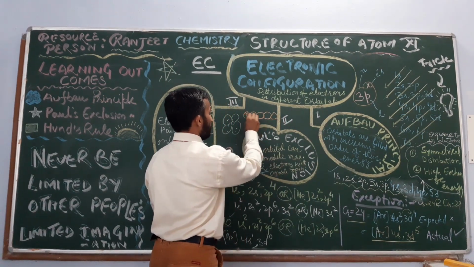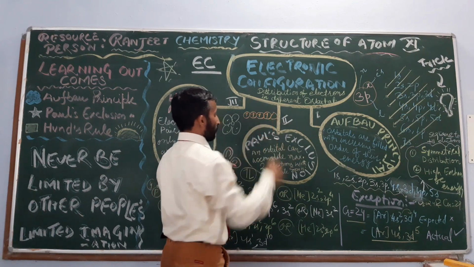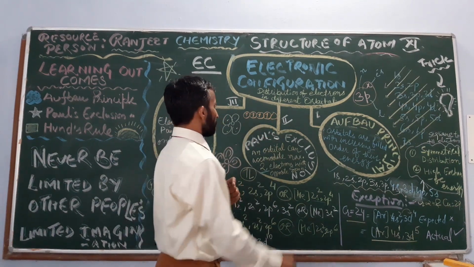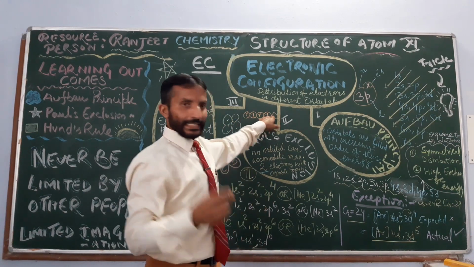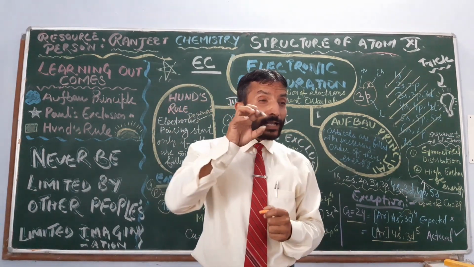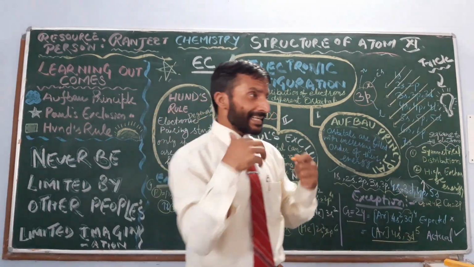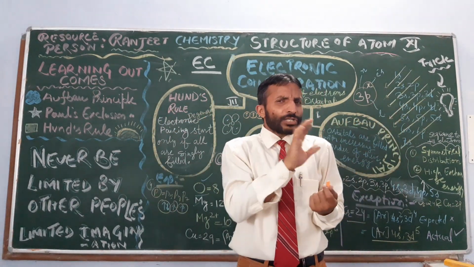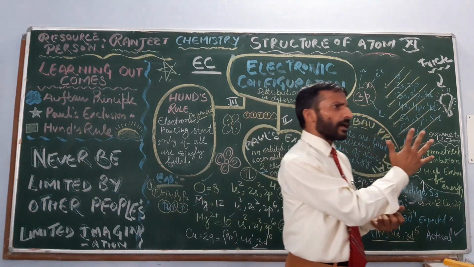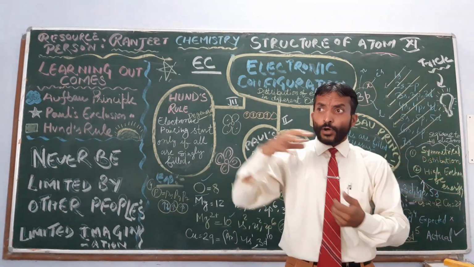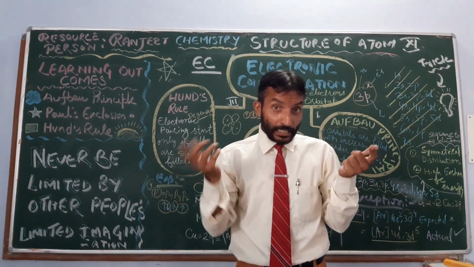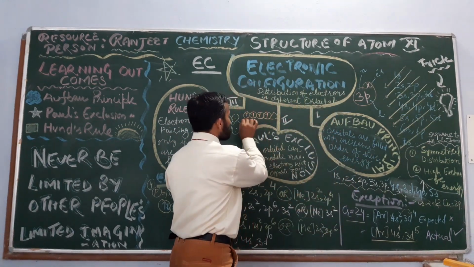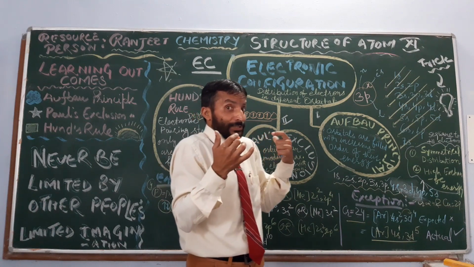If they have the configuration 3d4, now one is empty. This is an unnatural, that is, unstable distribution. It is not symmetrical. If 5 persons are there, 4 are eating their food, and the 5th one is just looking at their mouths, it is not stable. Same here, it is an unstable electronic configuration.